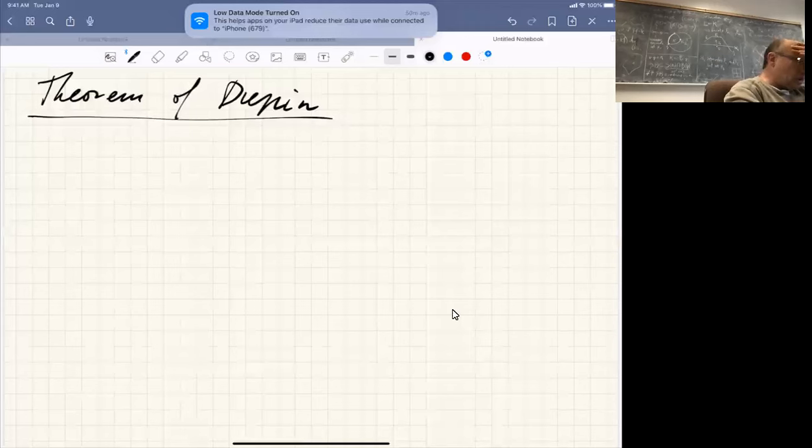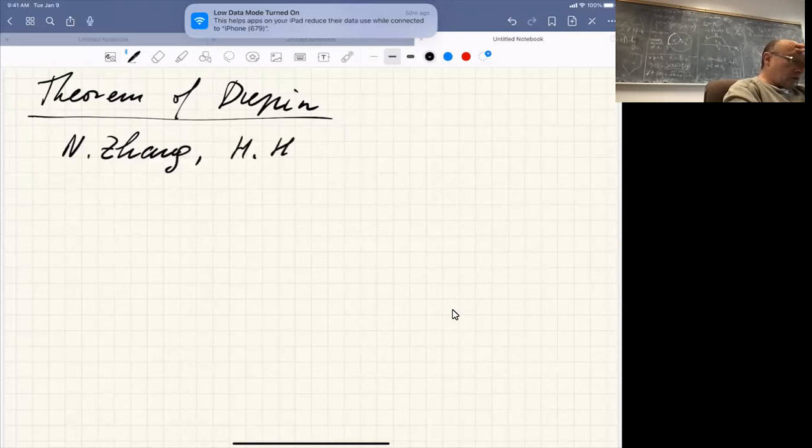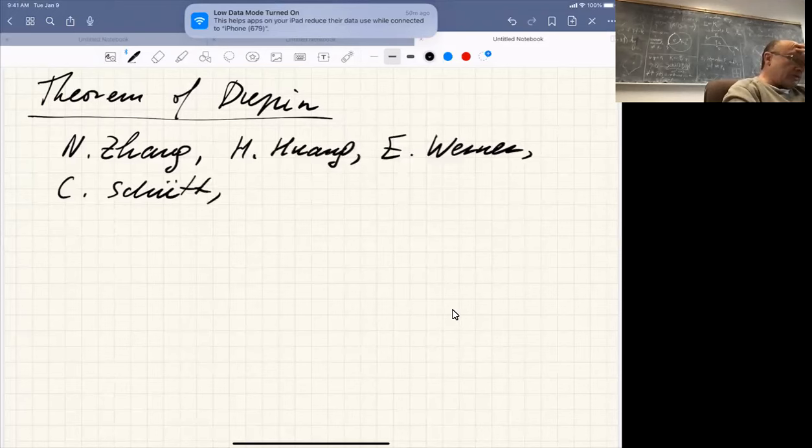Yes, this is an old thing, but let me maybe mention all the people that gave their share to this type of thing. So I have to mention Nin Zhang. Just a second. I'm sorry, it will not be alphabetical because I remember. Then Han Huang. Then it will be Elizabeth Werner. It will be Carsten Schütt. It will be Christos Saroglou.